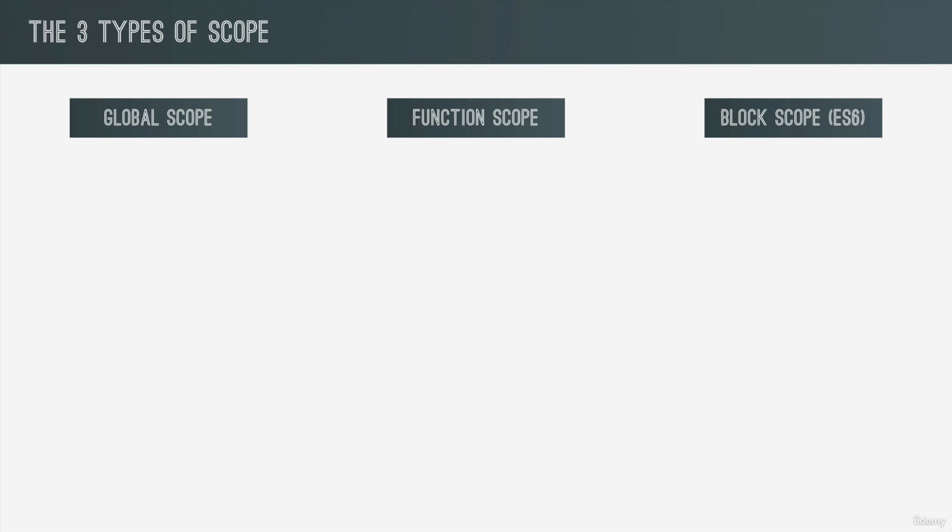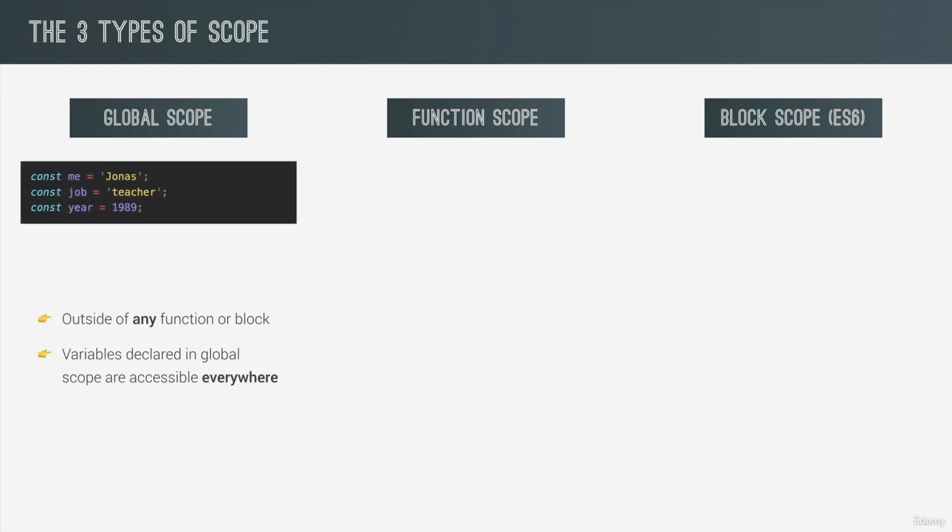So first, the global scope is, once more, for top-level code. So this is for variables that are declared outside of any function or block. These variables will be accessible everywhere in our program, in all functions and all blocks.